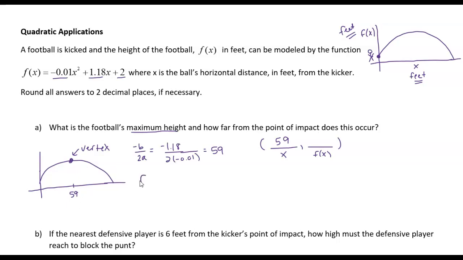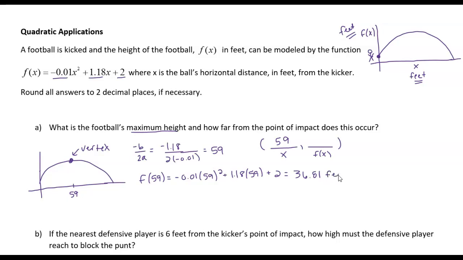Now we need to take our function and evaluate it for this value of 59, which means you're just going to put a 59 into the function everywhere there's an x. Then you pop this into the calculator and see what you get. That comes out to 36.81.